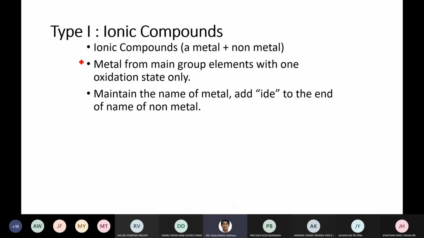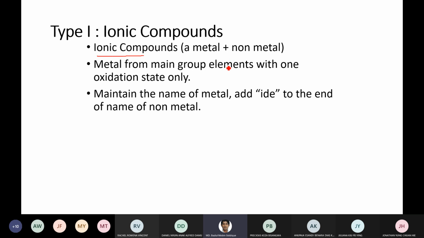So it is an ionic compound, and metal and non-metal are present in that compound. The metal is from the group of elements with one oxidation state only, that means it does not form more than one charge. Either it will be +1 only, or +2, or +3 only.